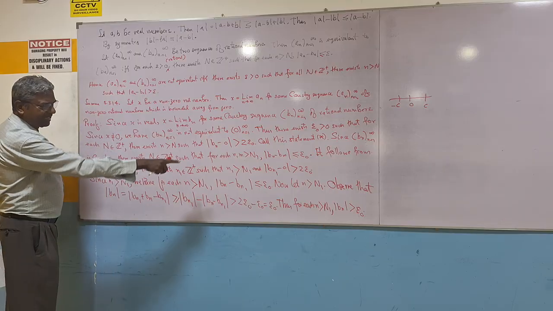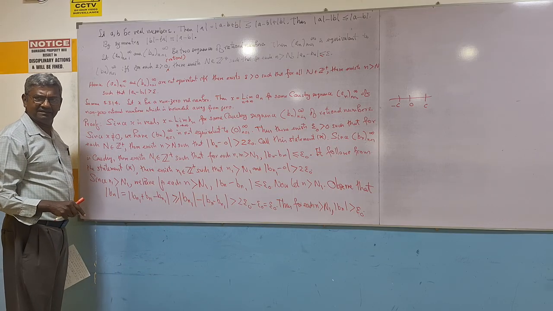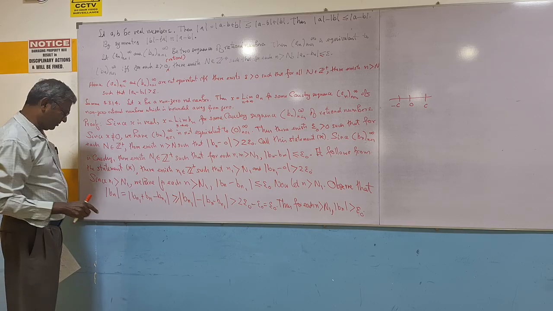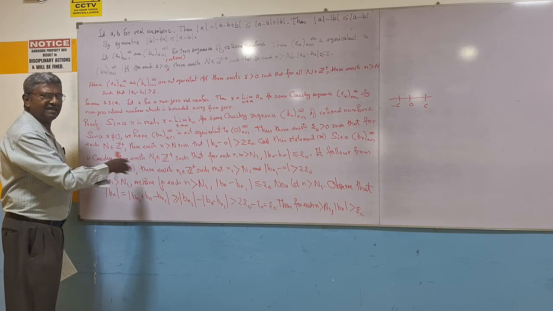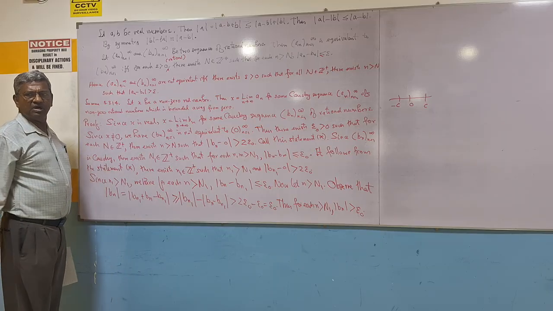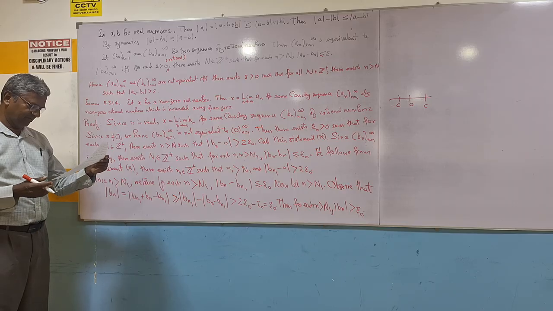However, any tail of, I cannot use the word tail, did we discuss that? No. So after capital N1, every term is bounded away from 0, epsilon 0 greater than 0.